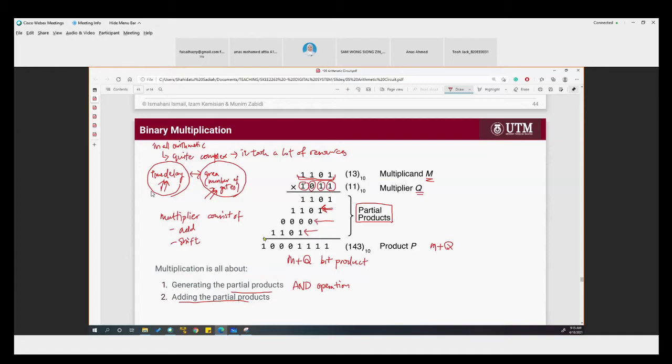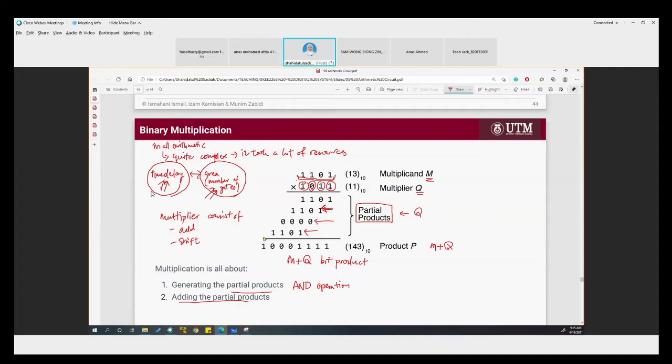Is equal to q. Number of partial product is equal to q, because we follow this one. First round, second round, third round, fourth round. Okay, this is q, so the partial product will be q.